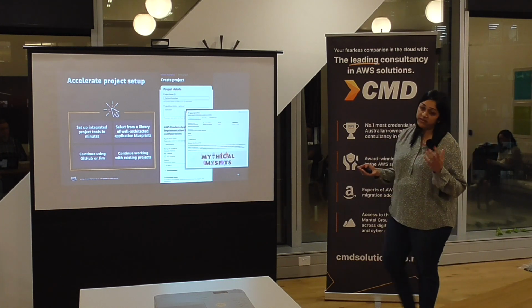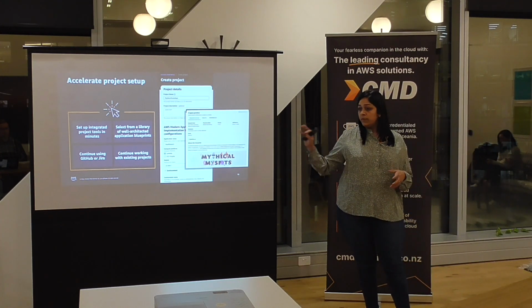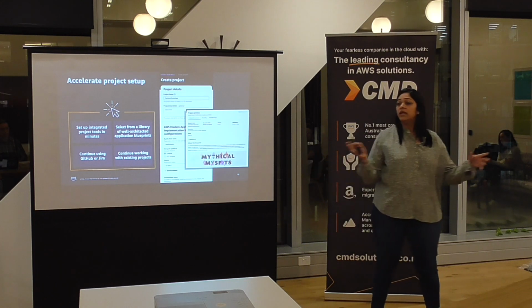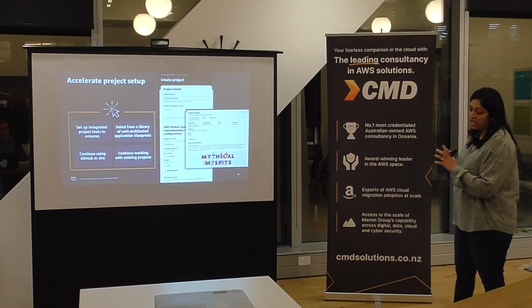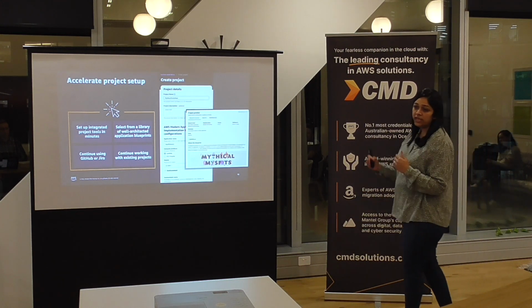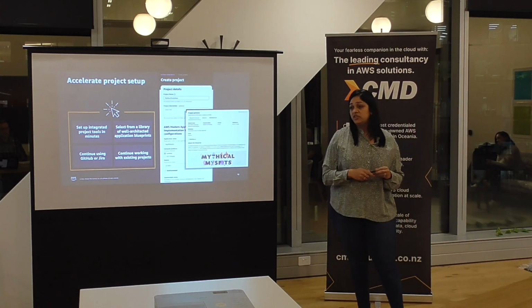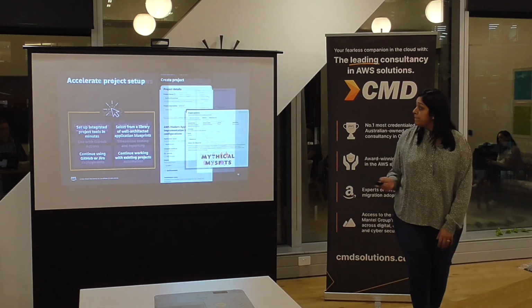Or if you have existing projects, you can either import the code to CodeCatalyst or link those repositories if you are using GitHub. So these are a few extensions available, but our team is working on adding more extensions to CodeCatalyst.